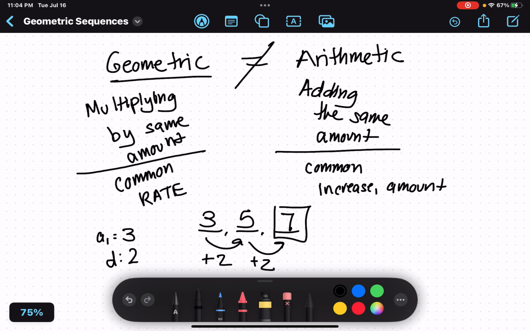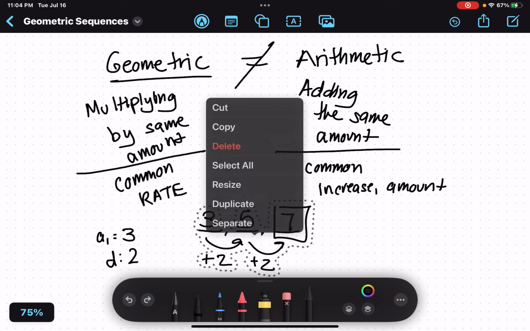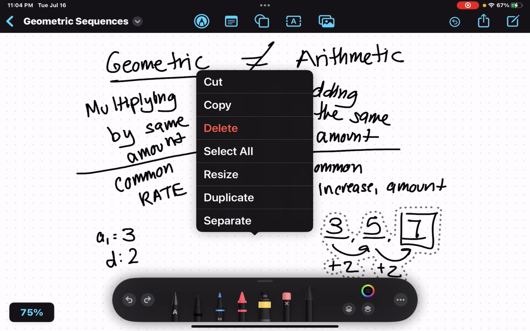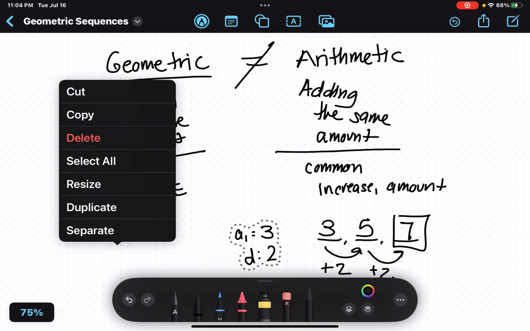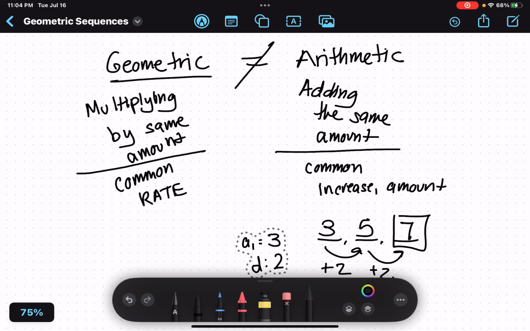But if it was geometric, you would do something a little different. Actually, I'm going to move that under arithmetic, so we don't get confused. All right. Same thing applies to this side now.